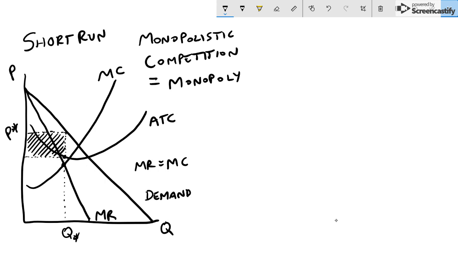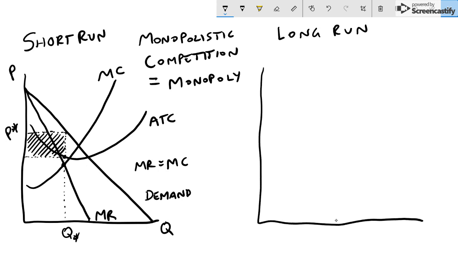Now, let's come over here and think about this market, same market, but in the long run. So the key here is that because of this market structure, firms have low barriers to entry and exit, right? So what happens if we see profits, and again, these are economic profits here, firms will tend to enter this industry, right?